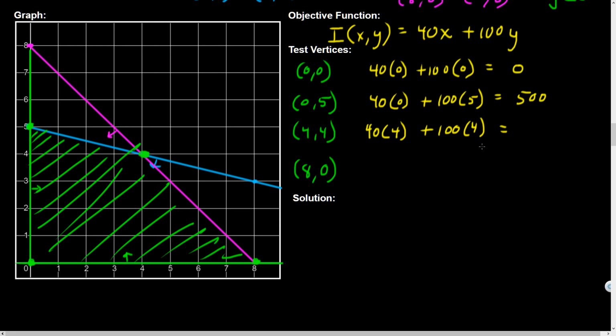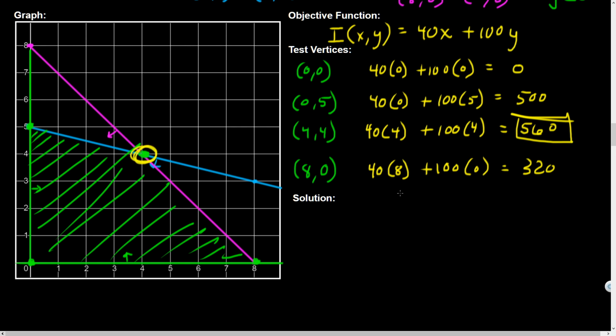This is 160 plus 400, which is $560. Right now, that's the winner for the moment. Or there's just 8 haircuts, and that would be $320. So the best case scenario is the 4, 4 right there. So 4 haircuts, 4 cut and colors.